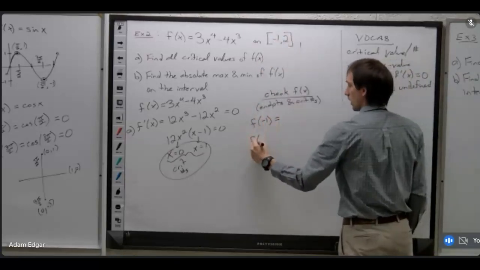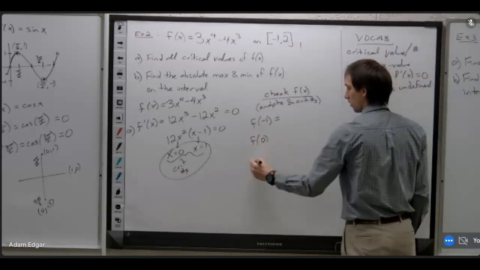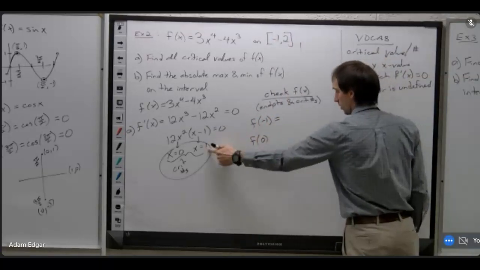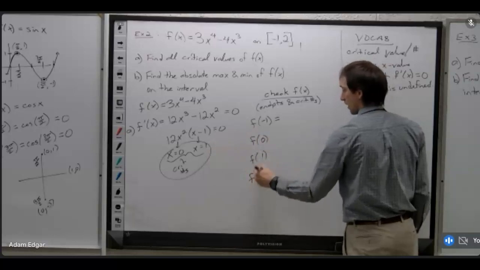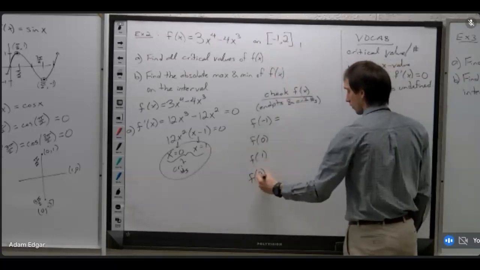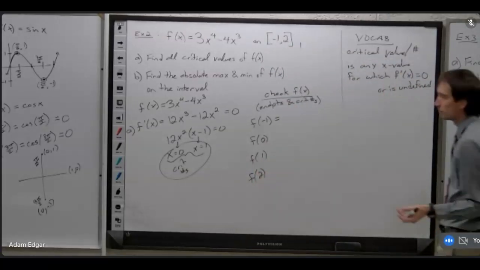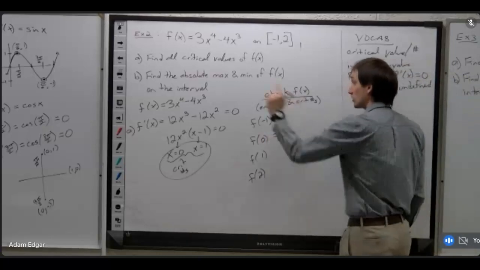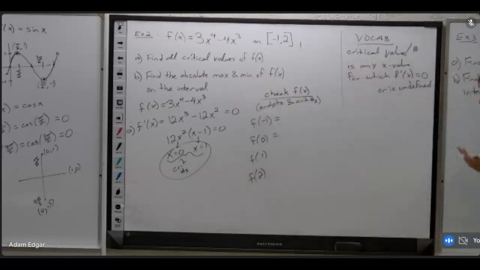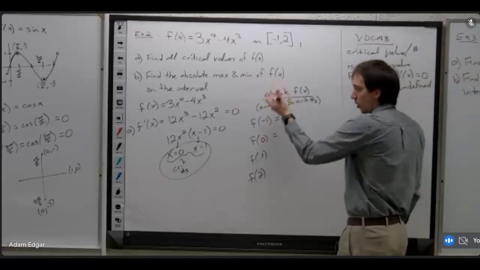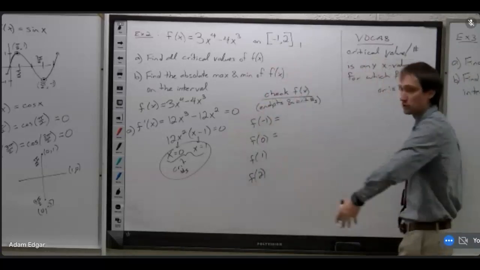Then I have a critical number at 0, then a critical number at 1, and my furthest right point is 2. It just so happens that on this interval, it's all whole numbers we need to check. You check these back into the original function because we want to see who's got the biggest y.